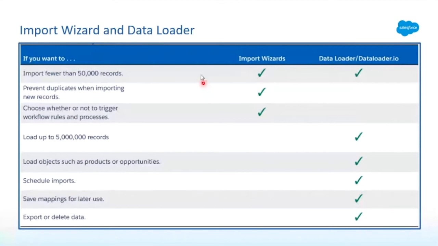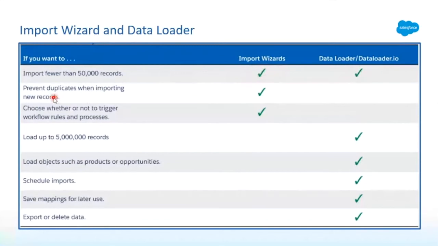If you want to import data which is less than 50,000 records, you would go with the import wizard, because you only have some specific objects which you can choose. If that object is not part of the import wizard's capability, you would go with Data Loader.